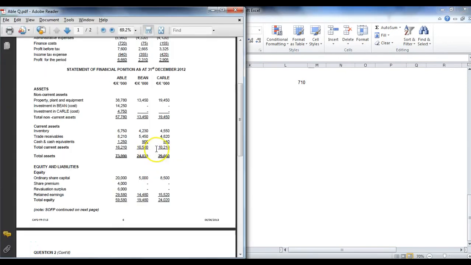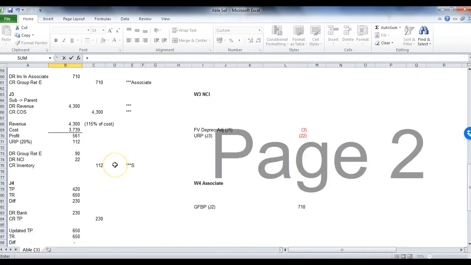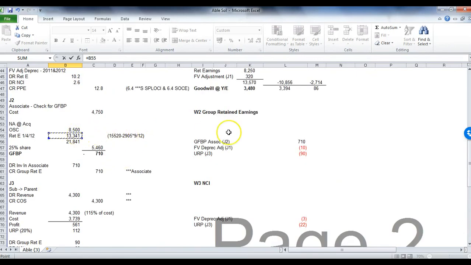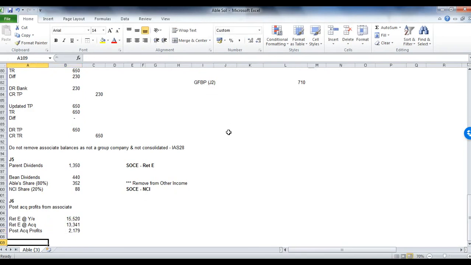At the year end for Carl, they had retained earnings of 15,520. When we bought them, the retained earnings were, after an adjustment, 13,341, meaning the post-acquisition profits were 2,179. And Abel's share, or the group's share, which is 25% of that, is 545.